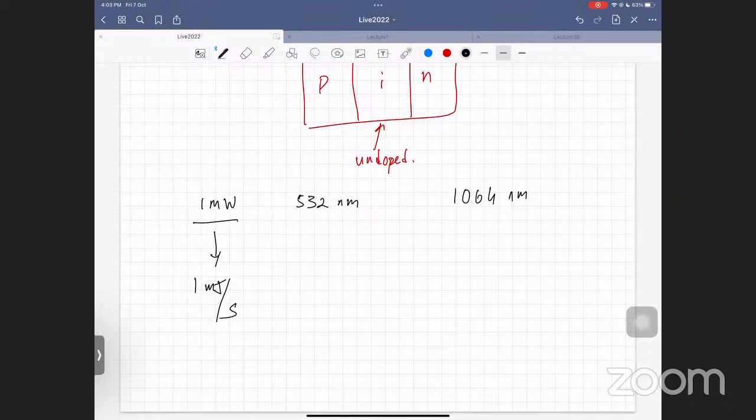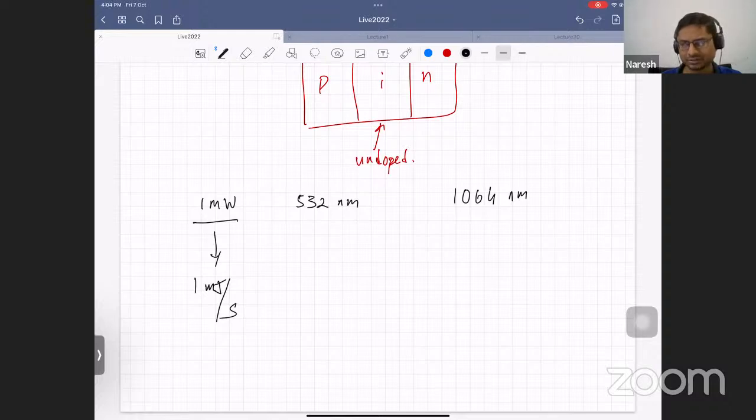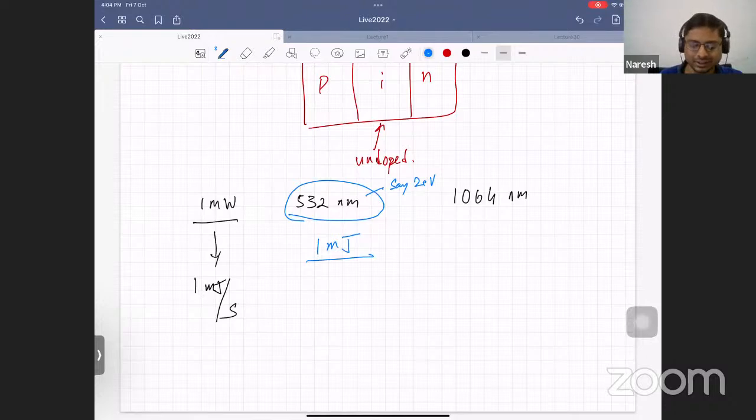So 1 millijoule of energy divided by the photon energy, let's say about 2 eV, I'm rounding it off. Then I get some number of photons.